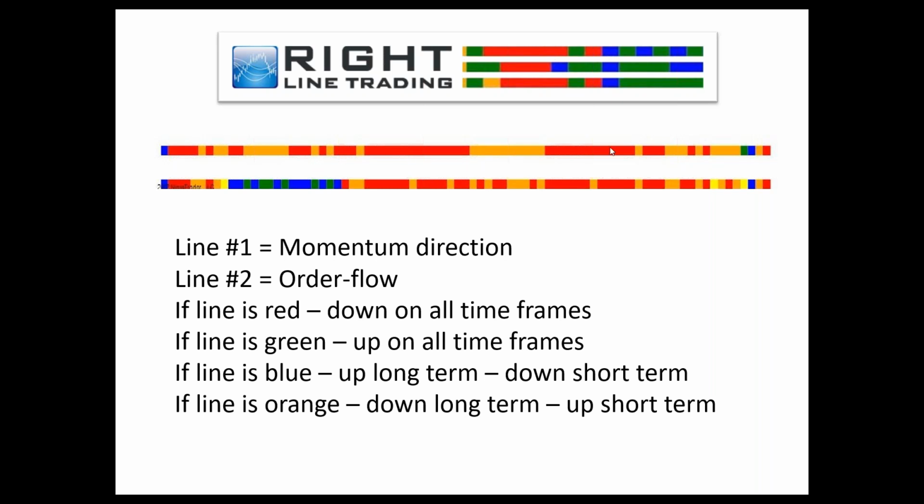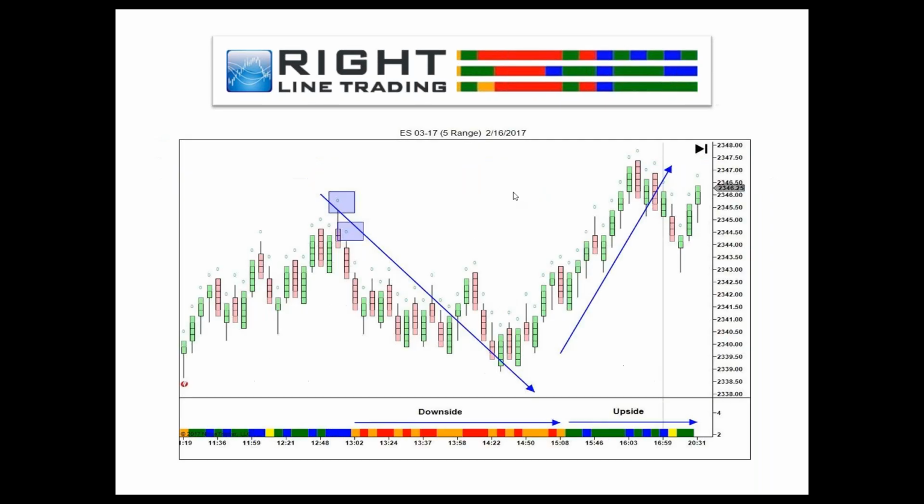Now, when this upper line is red, that means momentum on the two higher time frames is aligned to the downside. And when order flow, this lower line, is red, it tells you that the delta moving average on your two higher time frames is aligned to the downside. So the likelihood of price moving to the downside on your trading chart is incredibly high.